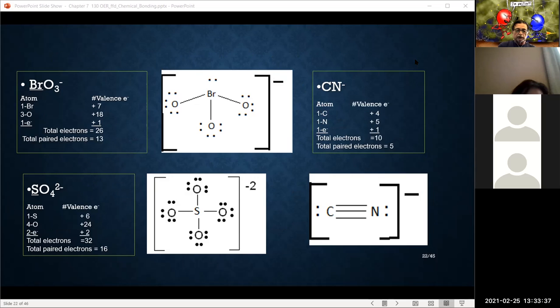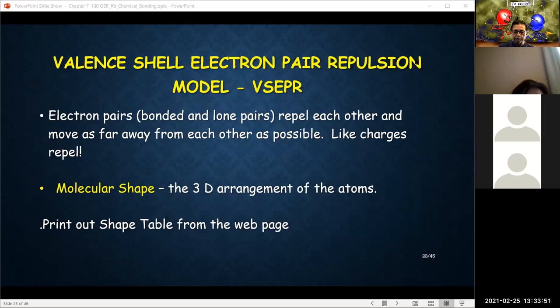All right. So that's how we create the Lewis dot structure for polyatomic ions, which is the same procedure minus the adding or subtracting the electrons that we do for the neutral compounds, okay?